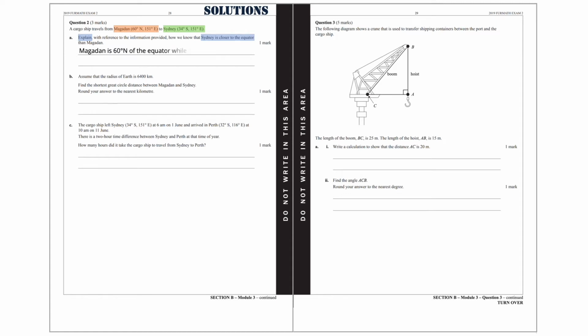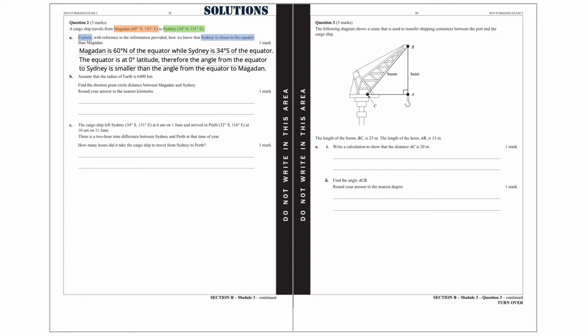Magadan is 60 degrees north of the equator, while Sydney is 34 degrees south of the equator. The equator is at 0 latitude, therefore the angle from the equator to Sydney is smaller than the angle from the equator to Magadan. Therefore, Sydney is closer to the equator than Magadan.